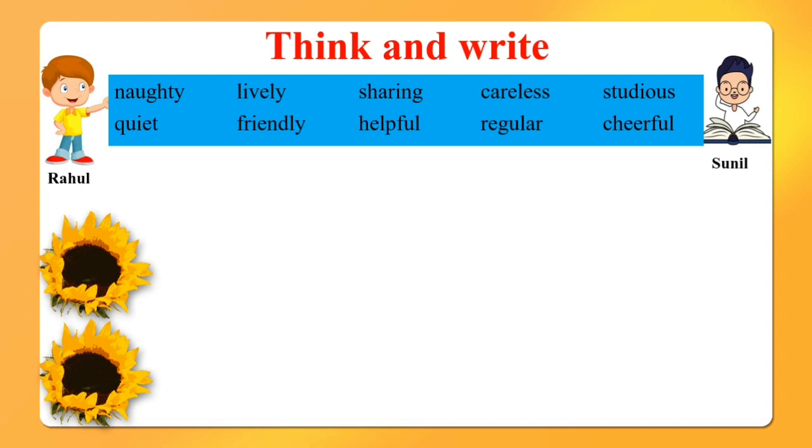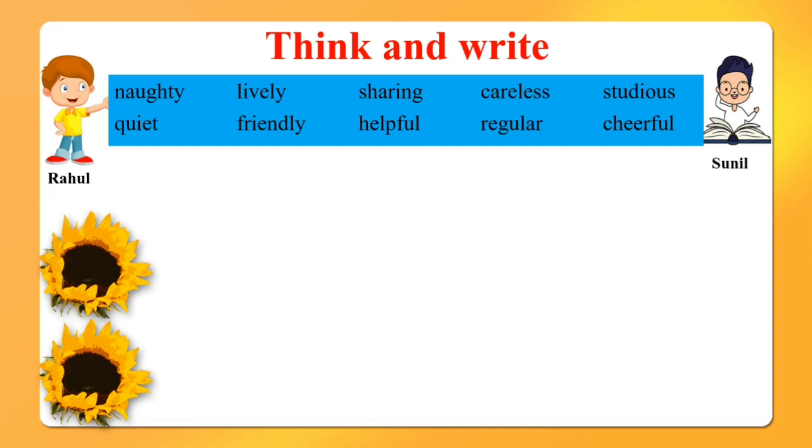One is Rahul, another one is Sunil. Rahul is standing without studying, and he is raising his hand like this, but Sunil is studying, and Sunil is a little bit serious in nature also. So my dear friends, let's start writing.